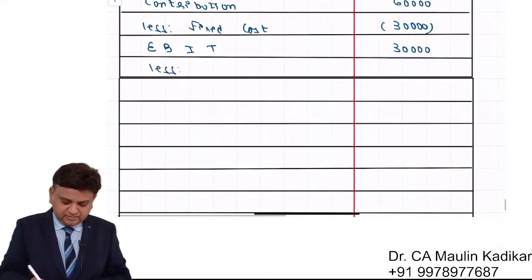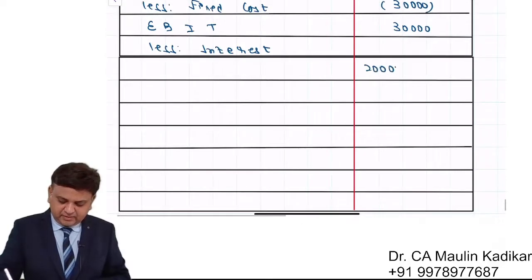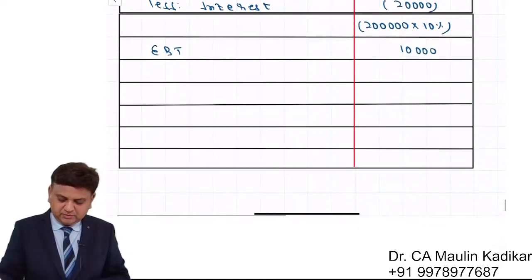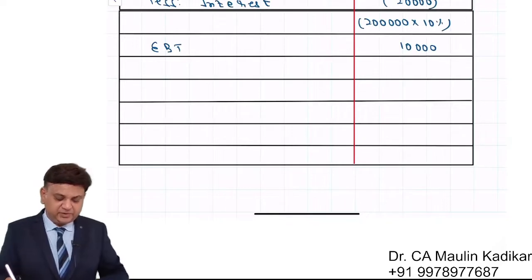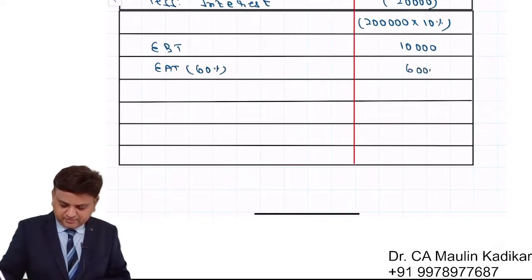Less interest, 10% debentures of 2 lakhs, that comes to 20,000. Earning before taxes 10,000. Income tax rate is 40%. So earning after taxes is 60%, 6,000, that is 10,000 into 1 minus 0.4.